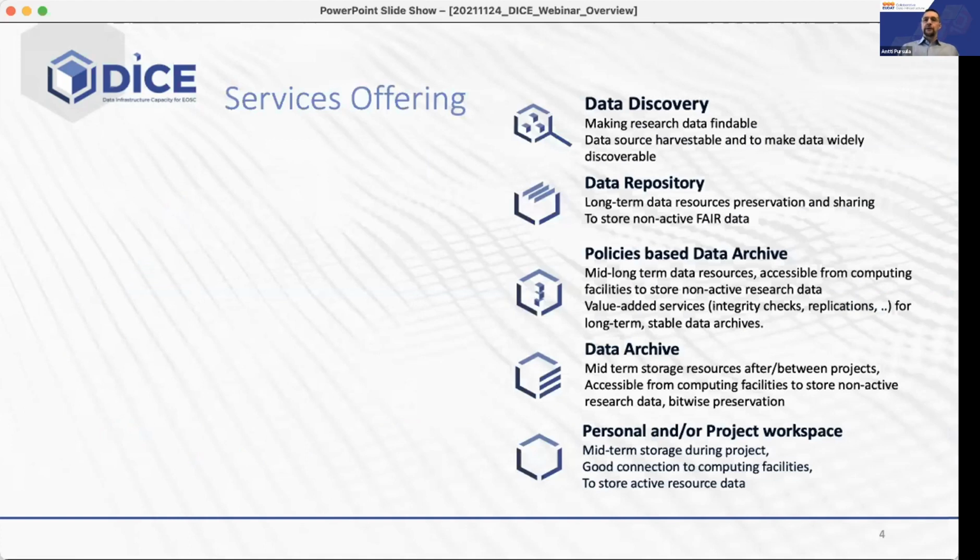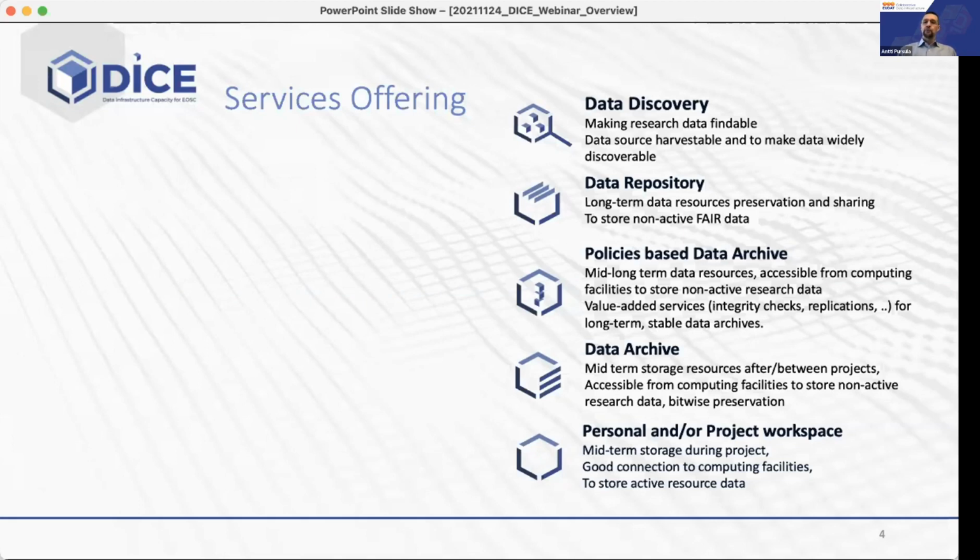So there are data discovery services, which is basically for example, a metadata search portal and that type of services. In data repositories, we provide services that enable FAIR storing of data. So this is something where one can store and share and publish data sets.